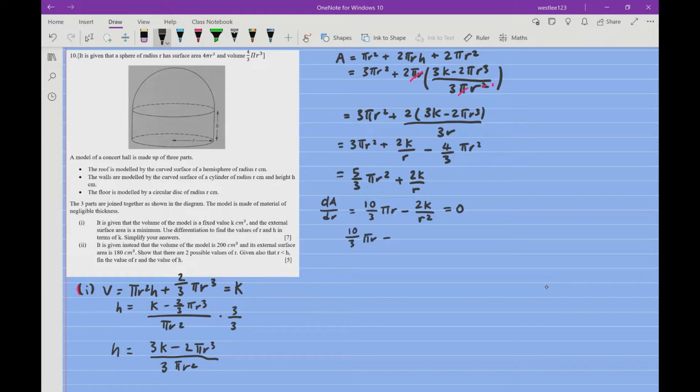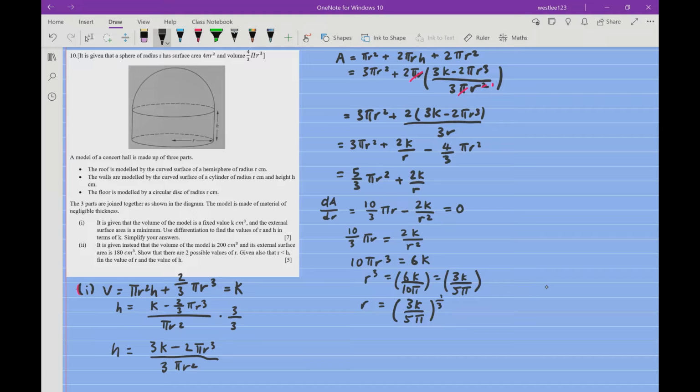So 10 pi r over 3 equals 2k over r squared. If you do your cross multiplication, 10 pi r cubed equals 6k. r cubed equals 6k over 10 pi, which equals 3k over 5 pi. And then you cube root both sides. You can write it as (3k over 5 pi) to the power 1/3. So this is our stationary r value.